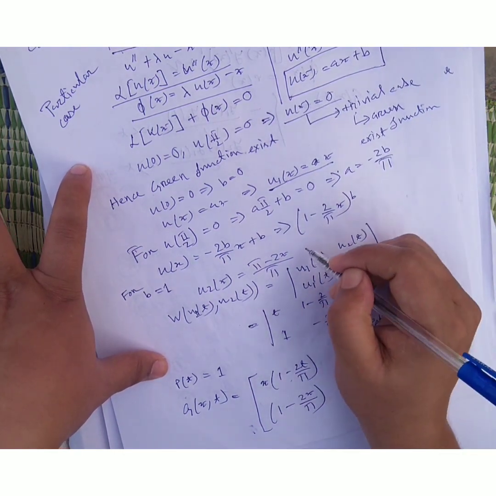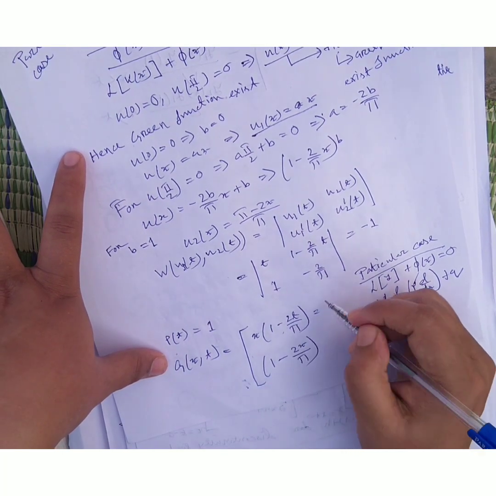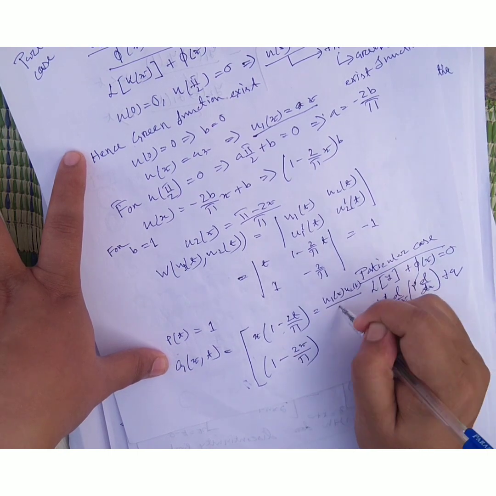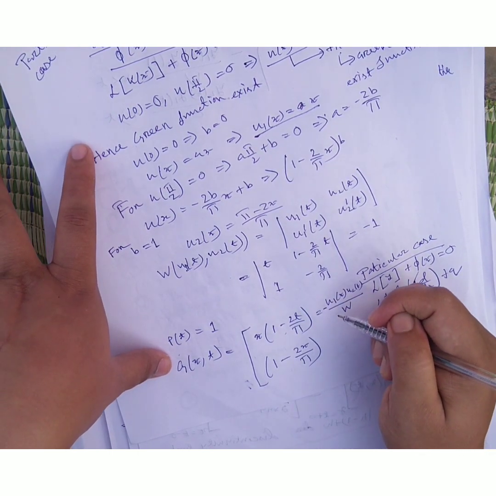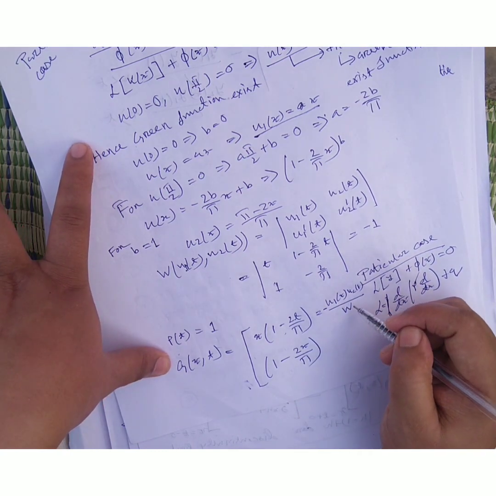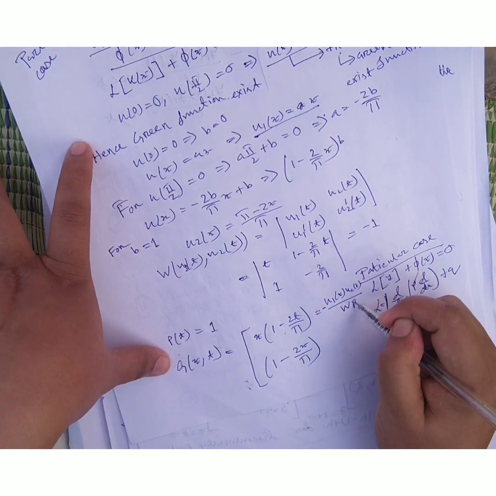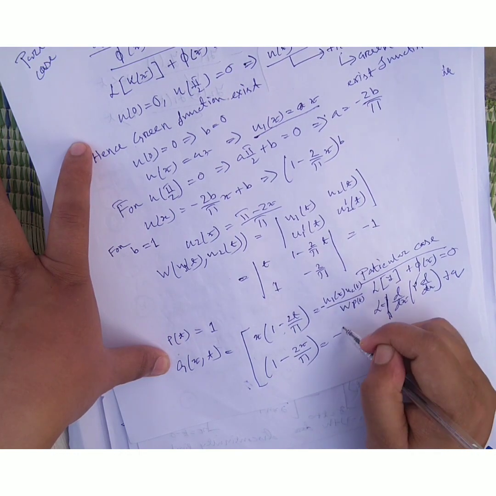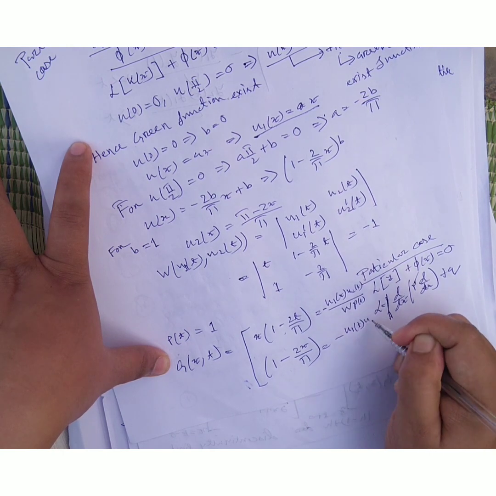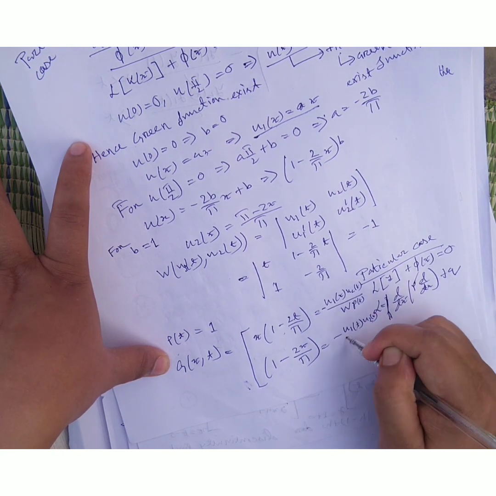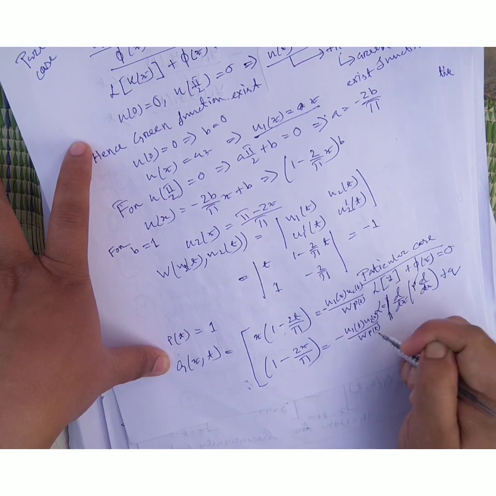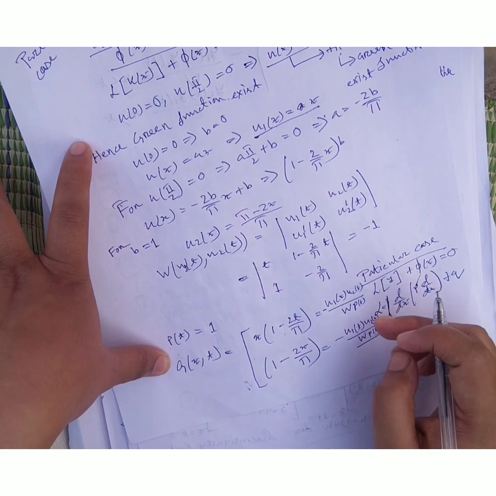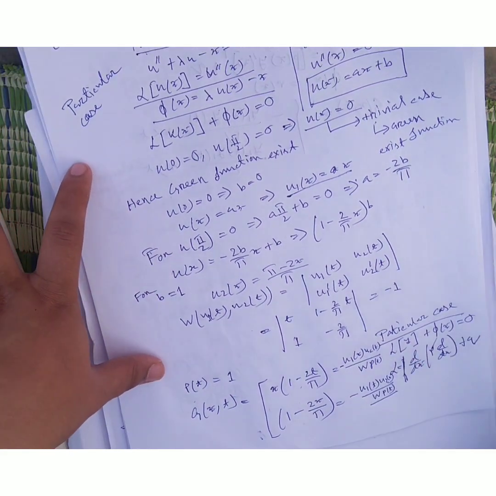The Green's function will be u1 x u2 t divided by W, and u1 t u2 x divided by W into p t. So friends, W is equal to 1, p t is equal to 1. So my answer is u1 t into u2 x, u1 x into u2 t. Thank you for watching.